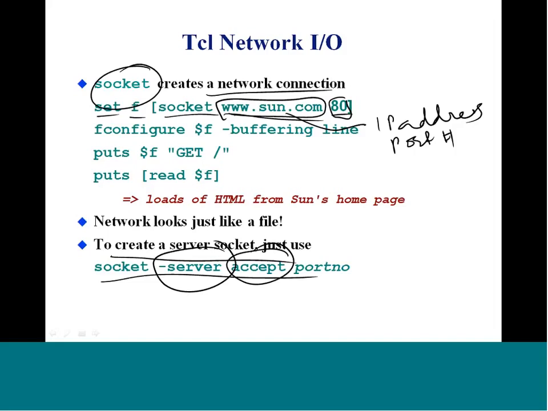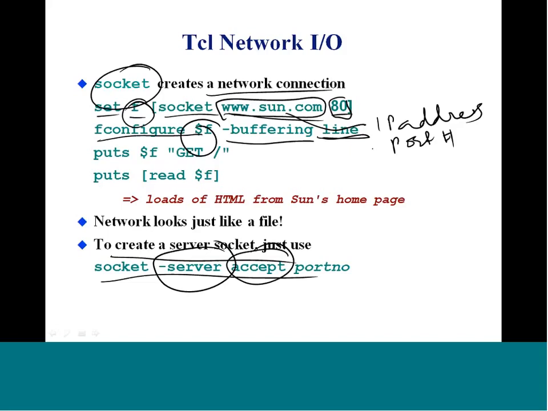So let's continue with this one. The other one is fconfigure. We fconfigure whatever socket we got, and we put some buffering on it, and the buffering is per line. So the first line when you get it is stored as a buffer, and for the subsequent lines, the previous line is stored in the buffer.